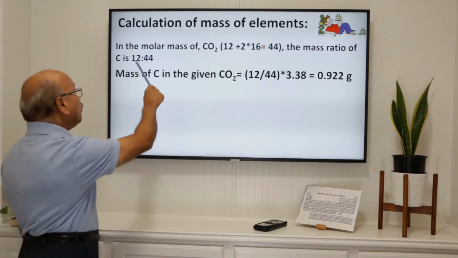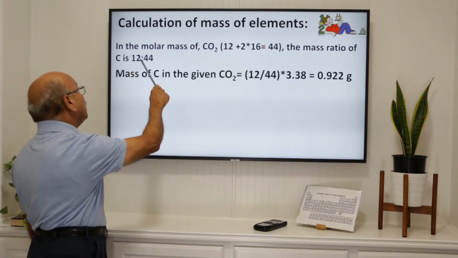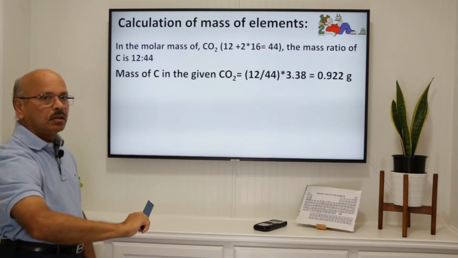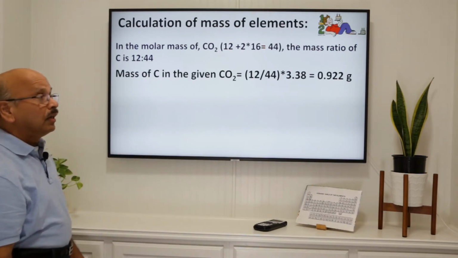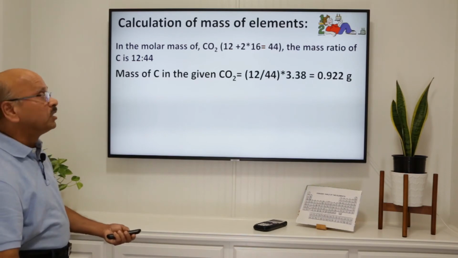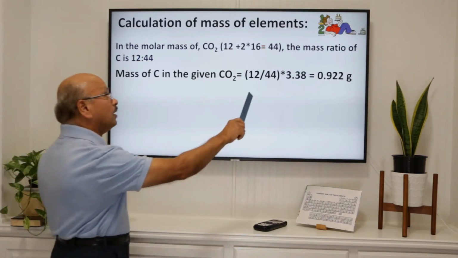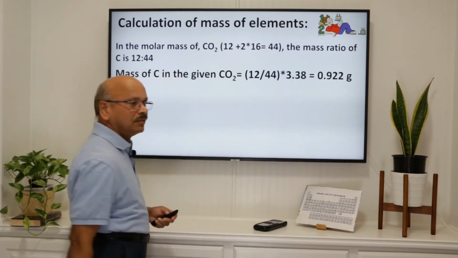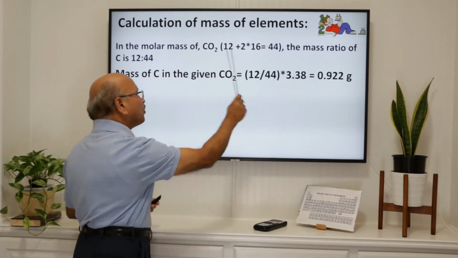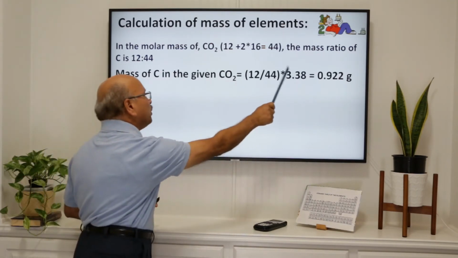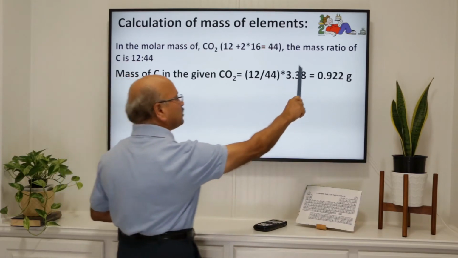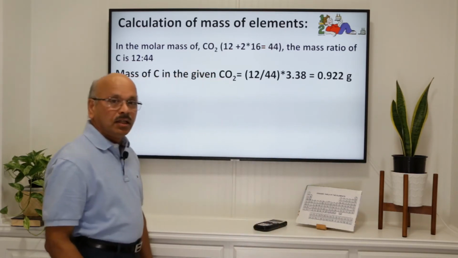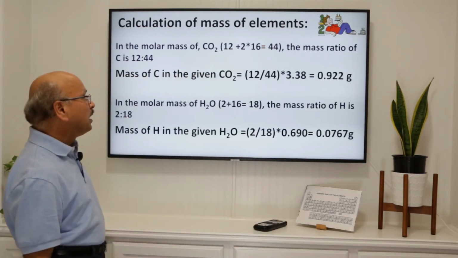That means 44 grams of carbon dioxide will contain 12 grams of carbon. So you can easily use that to find out how much carbon is present in the given carbon dioxide. So we use 12 over 44 times 3.38, and that gives you the mass of carbon in the carbon dioxide.